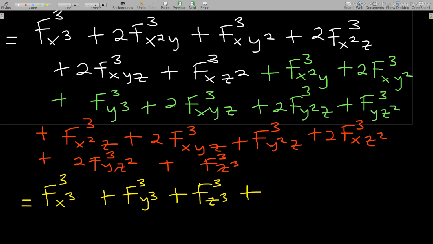Now let's look at the fxfyfz. We have 2fxfyfz here plus another 2, this one, so I have 4 of them now. Now I have another 2 here, which is 6, so I have 6 of them. Look through very carefully.